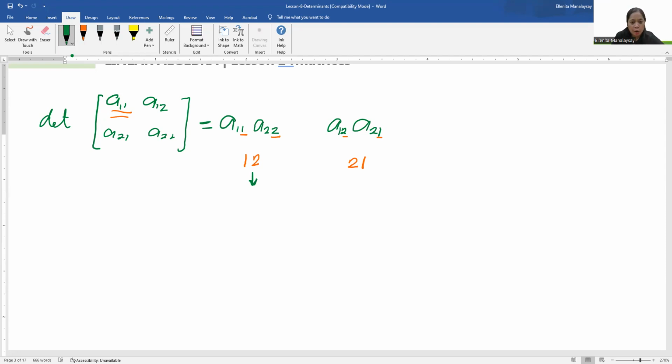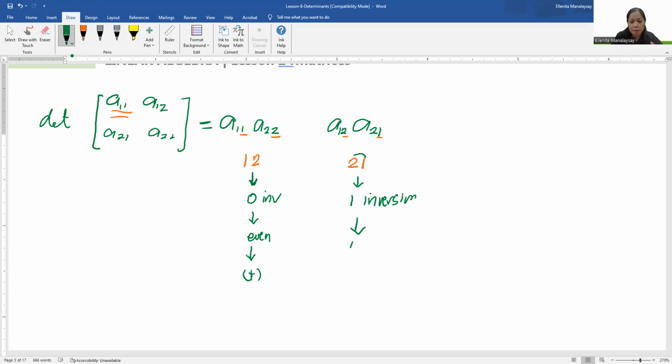So in this case, we have 1, 2, there is no inversion. Zero inversions, which implies that this is an even permutation, which further implies that the sign we will hold is positive. For 2, 1, 2 comes before 1, and 2 is greater than 1, so there is 1 inversion.